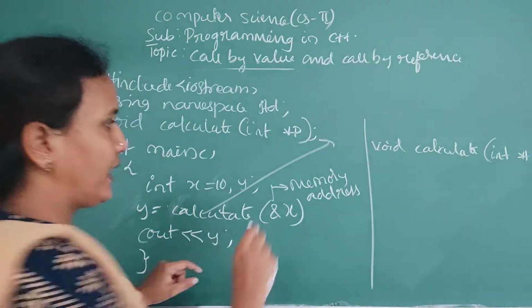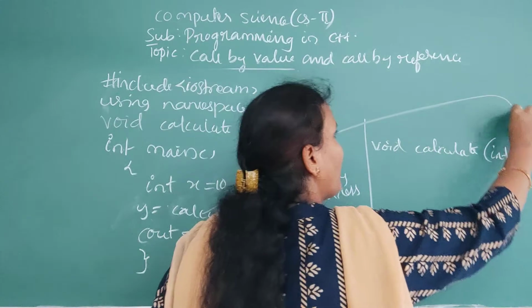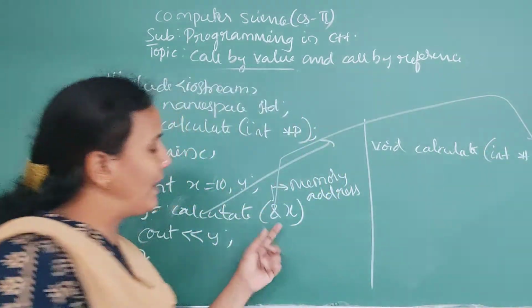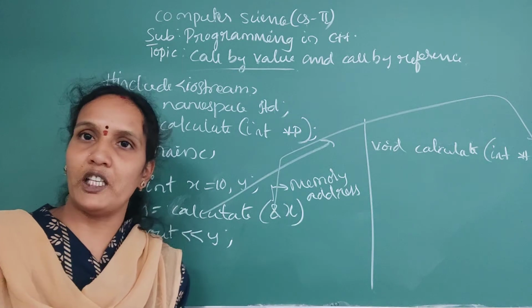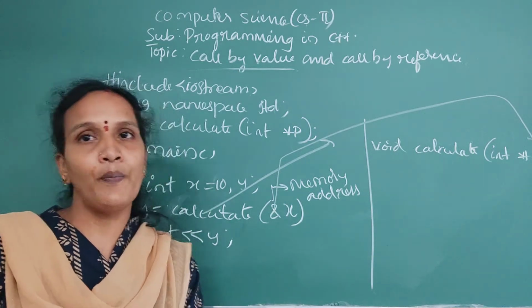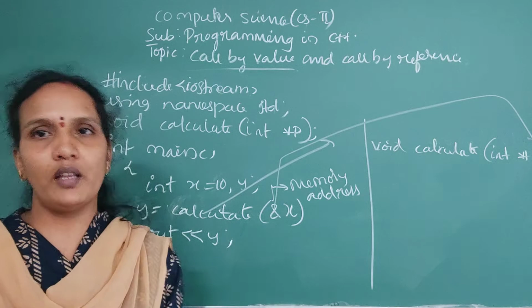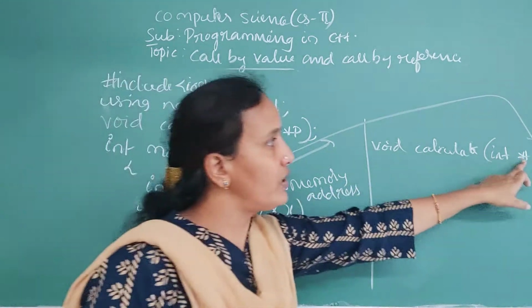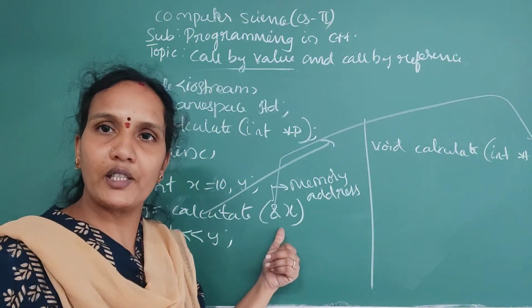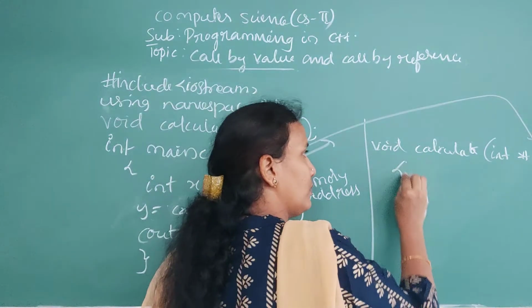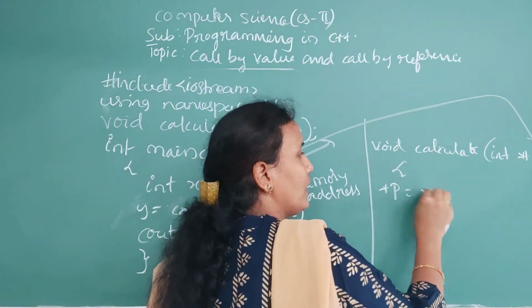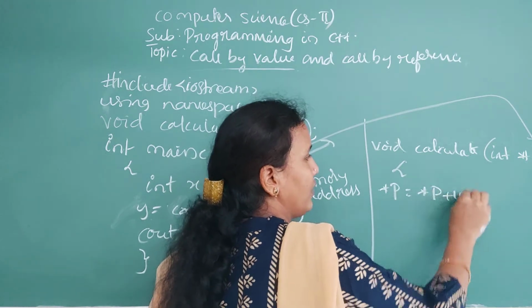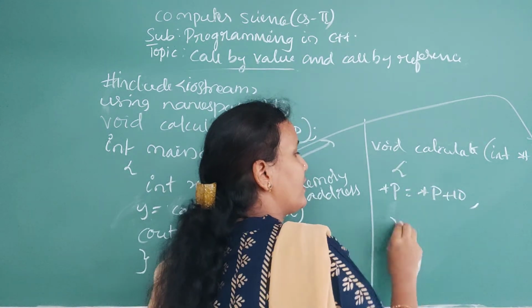This ampersand x, the memory address of this variable, is stored in that pointer variable. As already explained, pointer variables are used to store the address of another variable. So here this pointer variable stores the address of ampersand x. Now p equals asterisk p plus 10. Now return.